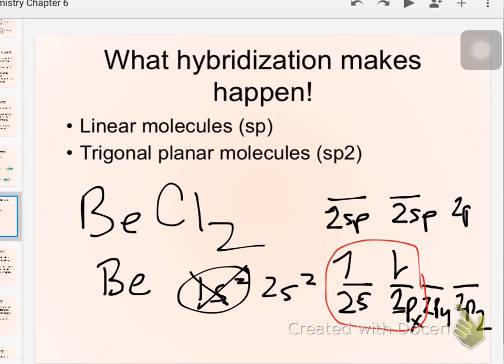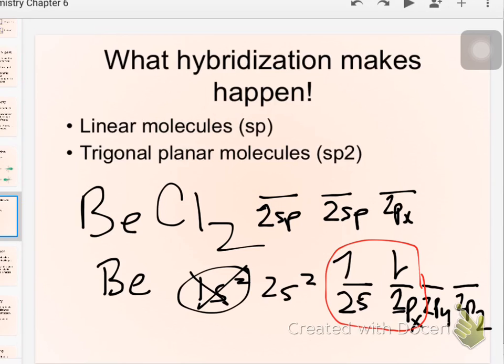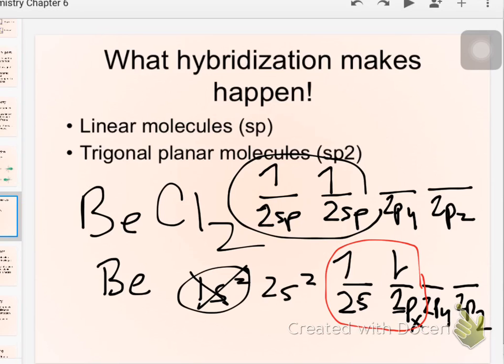It's still got the 2py, 2pz. Only one of its 2p orbitals participated in hybridization. But it's now got how many places to form bonds? 2. These two hybrids each have 1 electron in them.